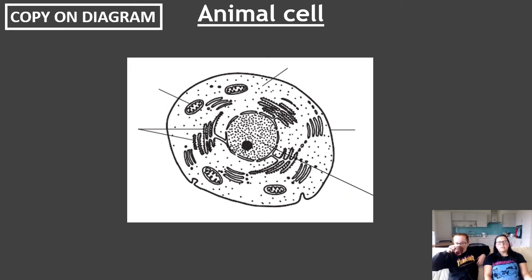Okay, now let's have a look at the animal cell first. So what we have in front of us is a typical drawing of an animal cell. I've just taken it off an SQA paper there. Now, animal cells will look in different formats. We'll have a look at that in a second, but what we'll look at is identifying the main structures first. So first of all, starting again with this line here is pointing at nothing. That is the cytoplasm. Okay, so cytoplasm, remember, that's the site of chemical reactions. If they ask you what's the job of the cytoplasm, that's what you say.